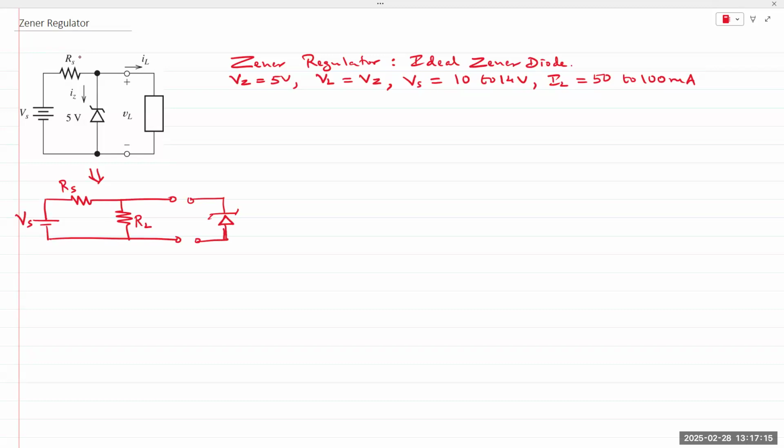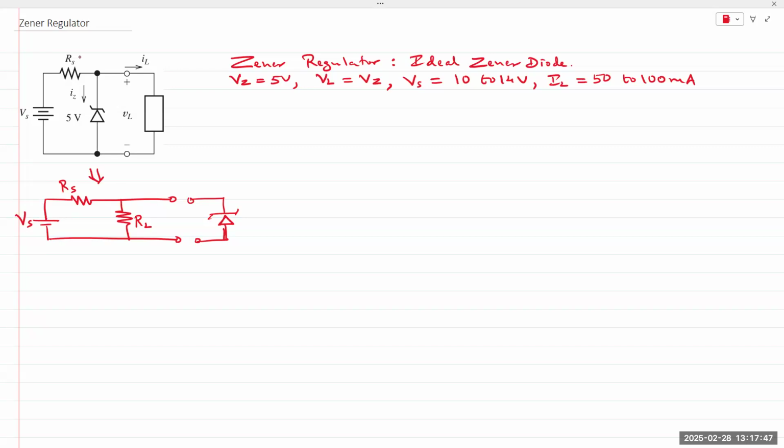Now VS can vary from 10 to 14 volts. RS and RL form a voltage divider network. So if it forms a voltage divider network, then the value of RS must be chosen such that the current cannot exceed or cannot go below a certain limit. Supply voltage VS is dropped across RS and RL.